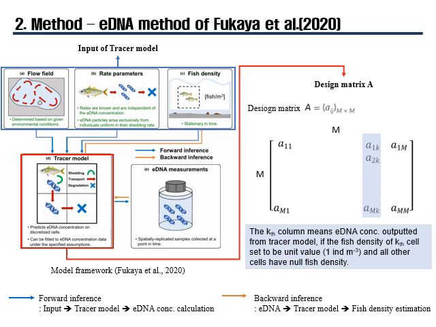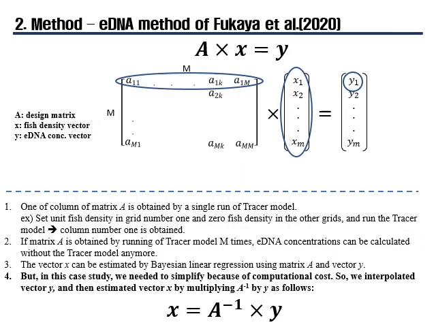The m is the number of aquatic cells, and the k-th column is the eDNA concentration output from the tracer model if the fish density of the k-th cell is set to a unit value, such as 1 individual per cubic meter, and all other cells have null fish density. So specifically, one column of matrix A is obtained by a single run of the tracer model.